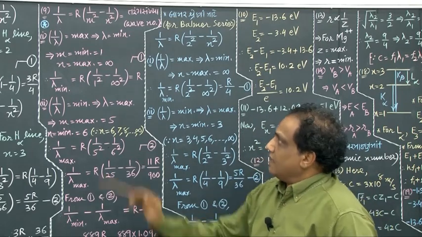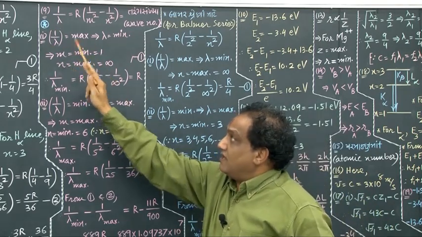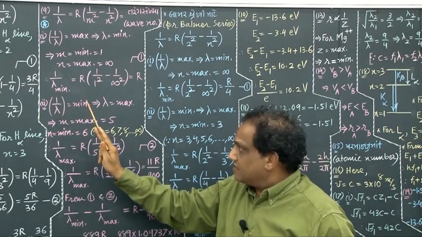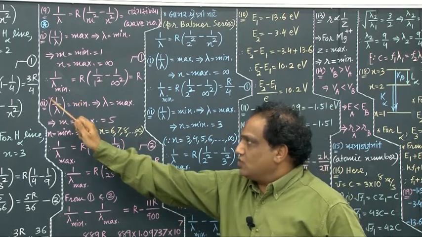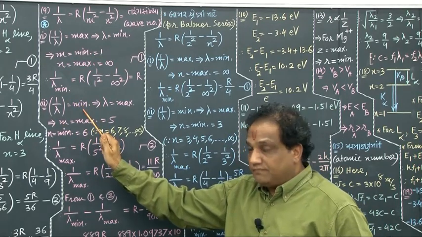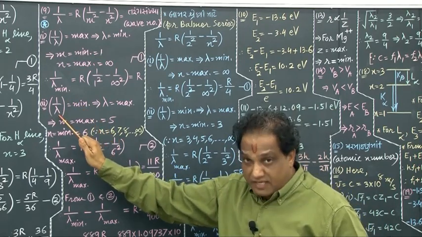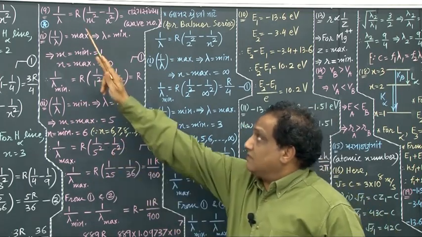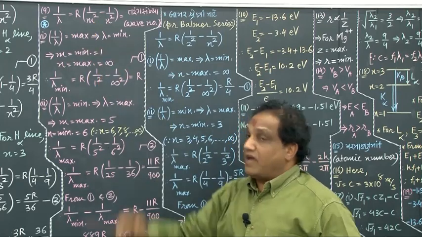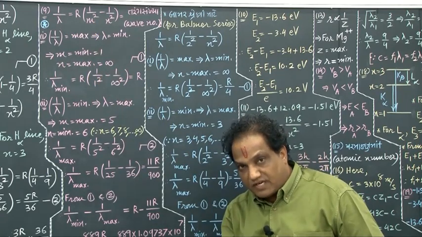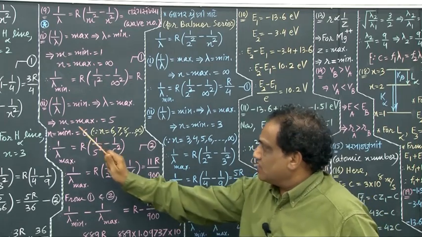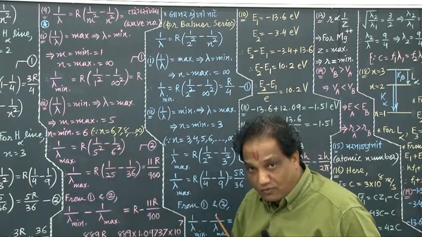Now the same wave number, suppose we want it minimum. Then this denominator should be maximized, so lambda must be maximum. For the maximum value of lambda, you should take the maximum value of m. Among all the 5 spectral series, the maximum value of m is 5.